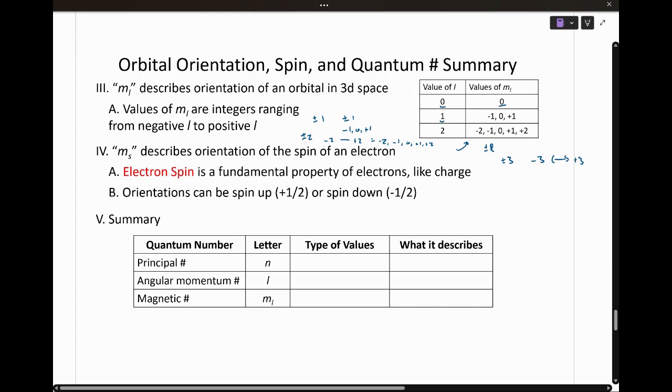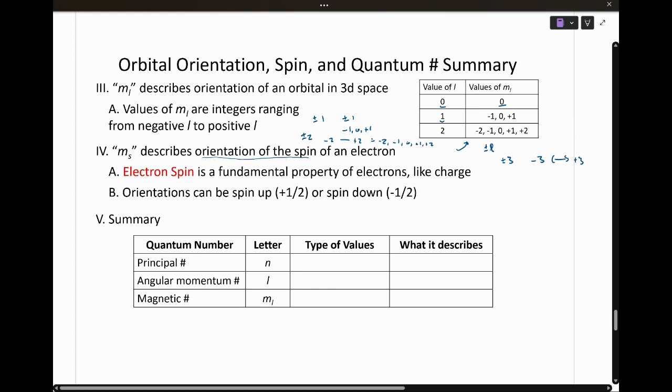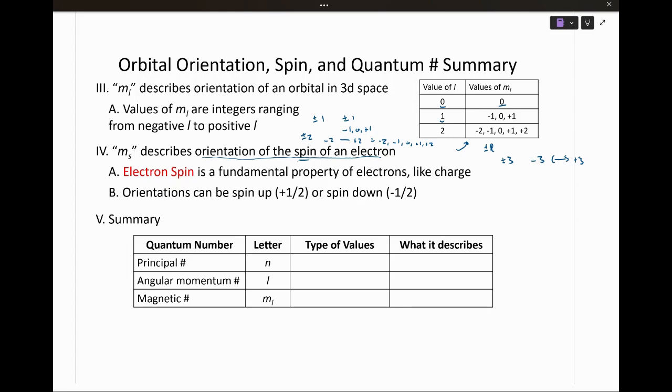And then our final one is M subscript S, which we're going to see describes the orientation of the electron, or its spin. We'll get into that after we finish our discussion of our first 3 quantum numbers in depth, and that's going to be the subject of our next chapter.